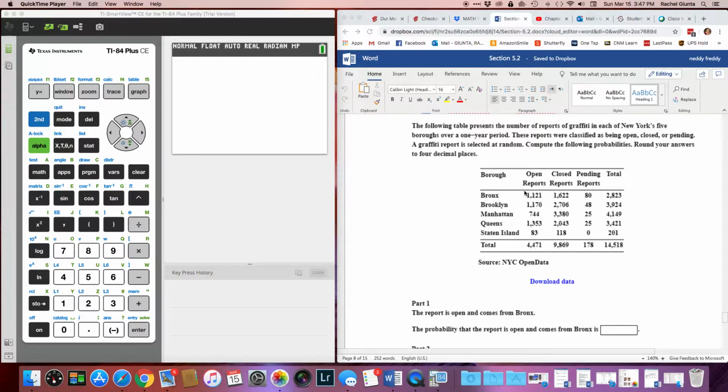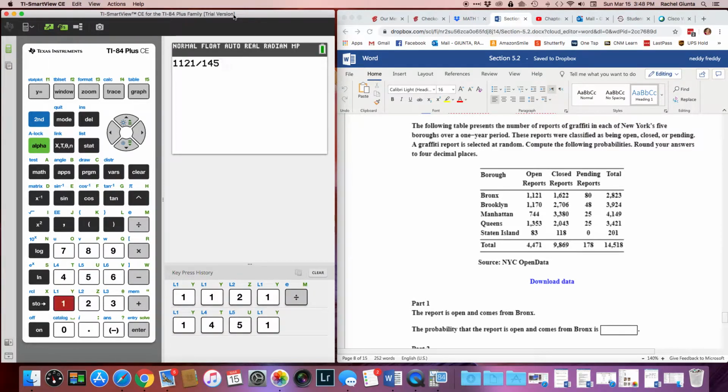The only place that those two come together is this 1,121. And we're going to divide that by the total, all of the reports. So 1121 divided by 14518. And that gives us our answer right there.